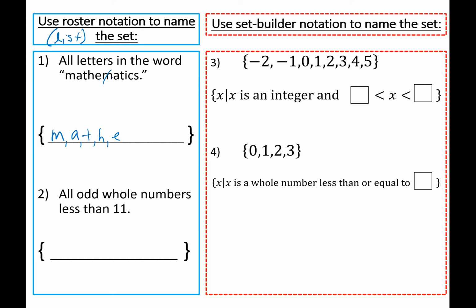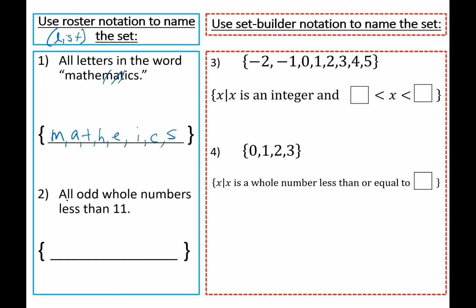And then here's another A. I'm also not going to repeat that, and same thing with the T. So just no need to rewrite those letters because they're already included in the list. So with a roster, you just include everything exactly once in the list, and then we're left with these last three letters, I, C, and S. So kind of a strange question. That's just called roster notation.